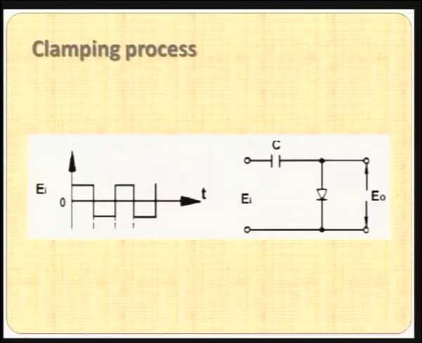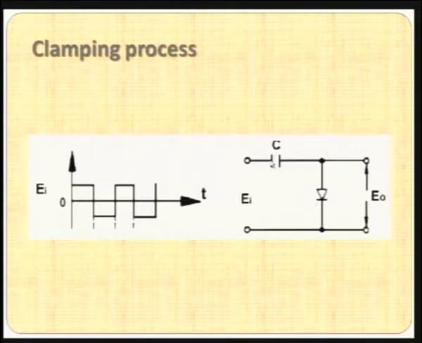Here is the clamping process. For reference, we have taken a digital input wave, so that the forward and reverse bias conditions remain static for a particular time, and this is how the clamping is done.